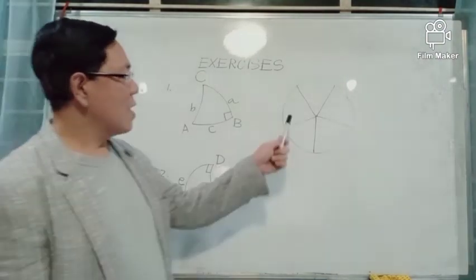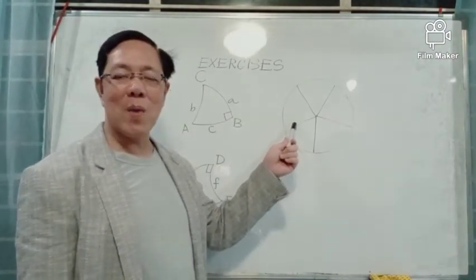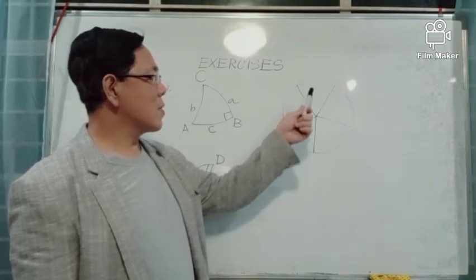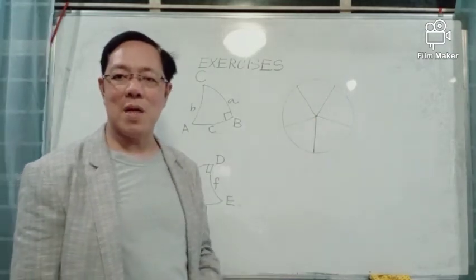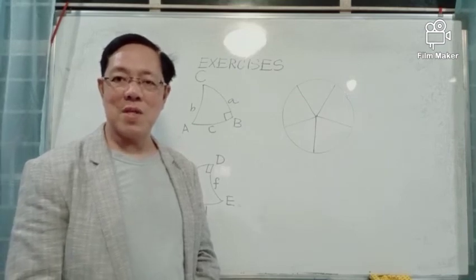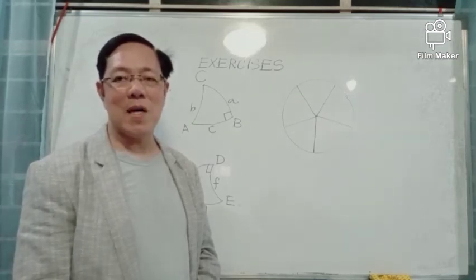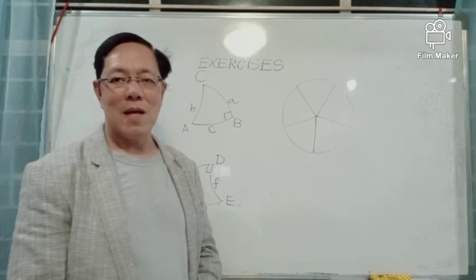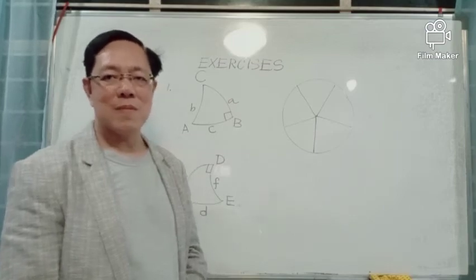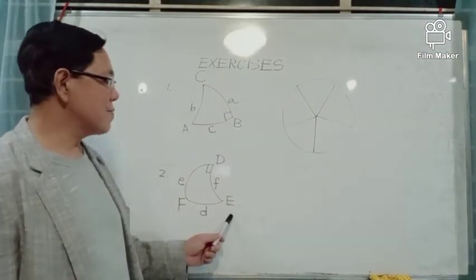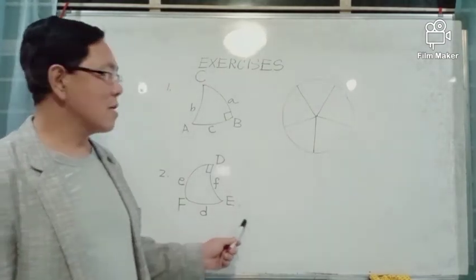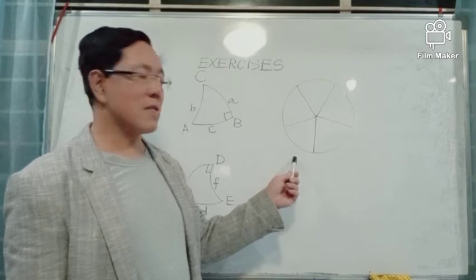And then, after you have drawn the mnemonic device, you consider each of these 5 parts as a middle part. And for each middle part, you identify the adjacent parts and the opposite parts. You do the same for the second right spherical triangle. Construct the mnemonic device.